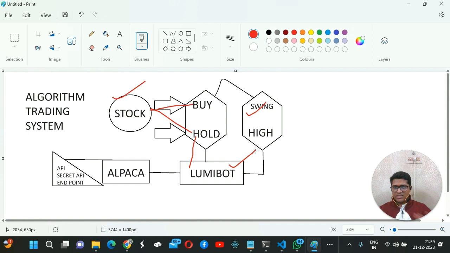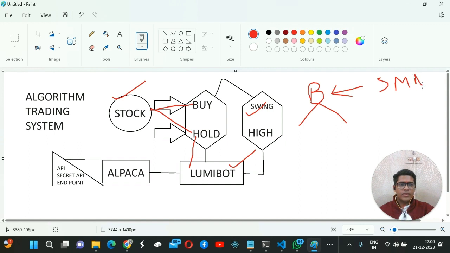And how does the strategy go? For buying, it is 9-day greater than 21-day SMA. Let me tell you over here. When you go for a buying option, it basically operates on simple moving average, SMA.